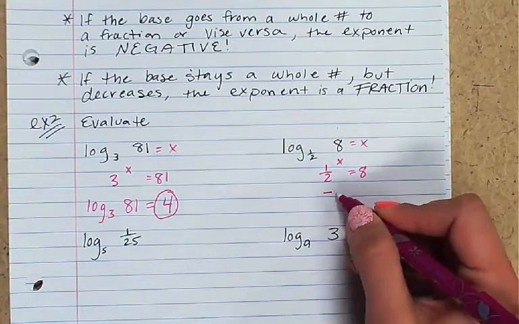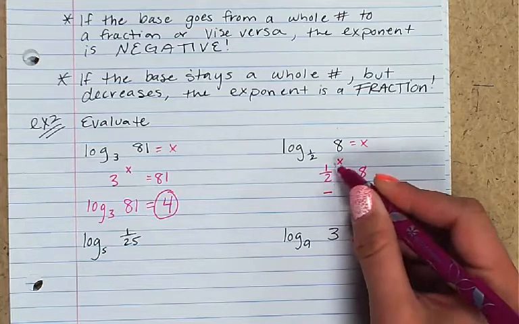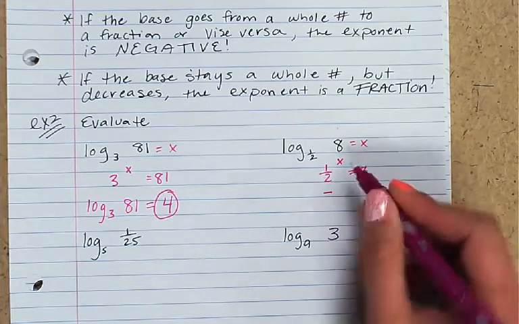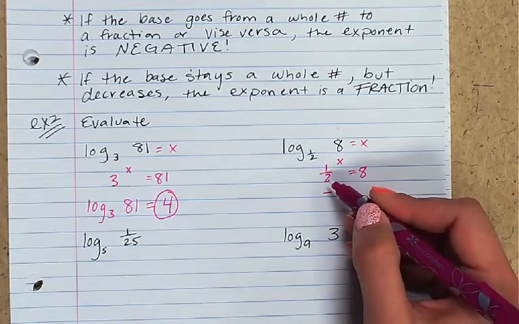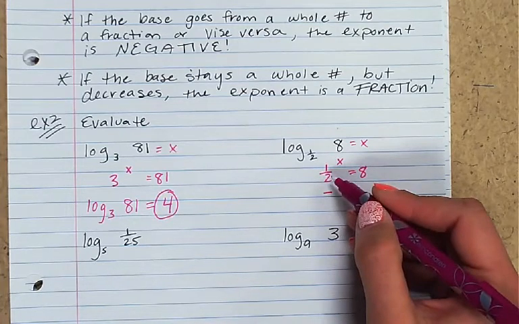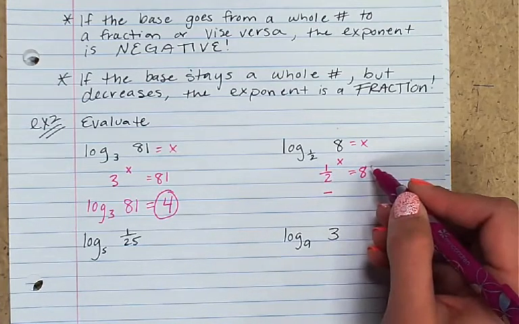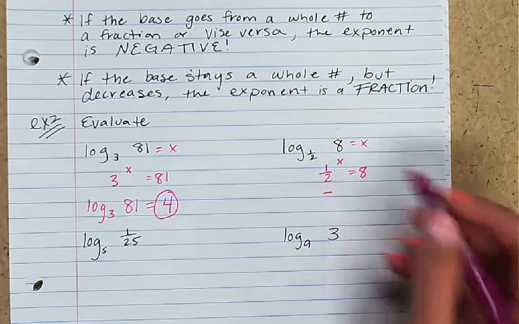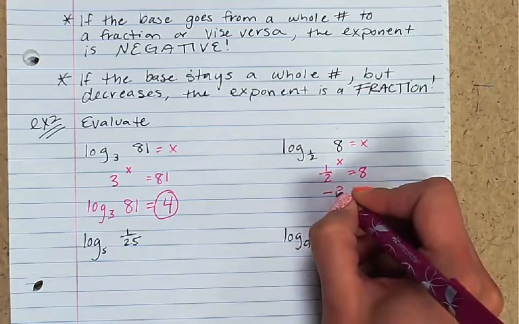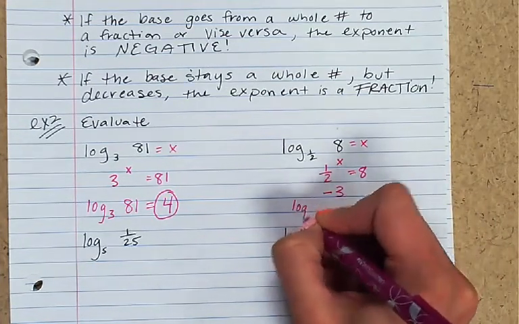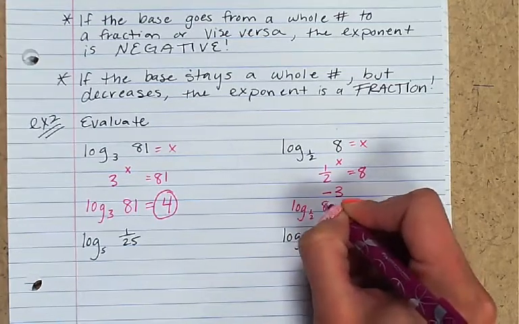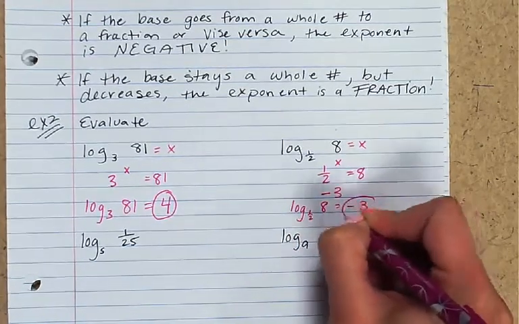So once you decide it's negative, that takes care of the part about it being a fraction. Then you can just look at the 2 and think, what exponent would I put on a 2 to make it be an 8? And that would be 3. 2 cubed is 8. So the exponent here is -3.